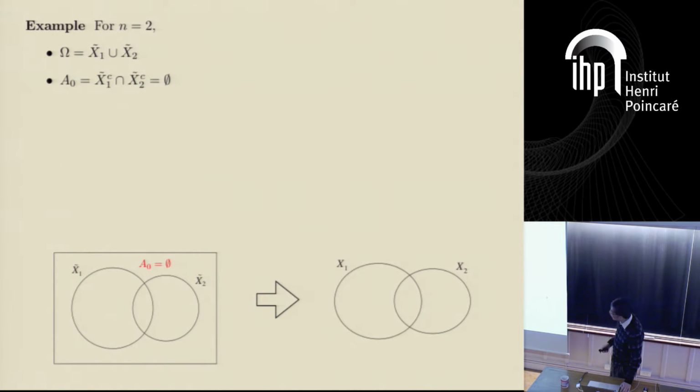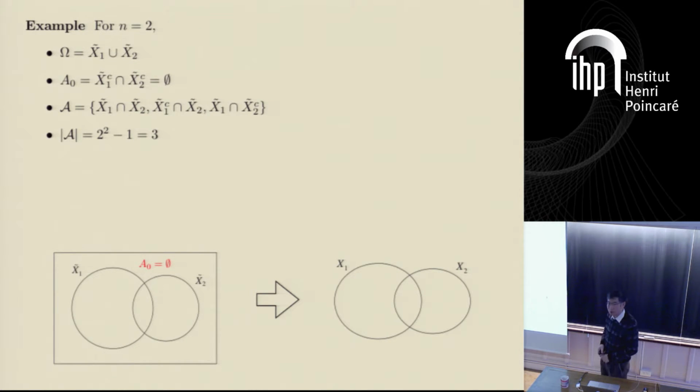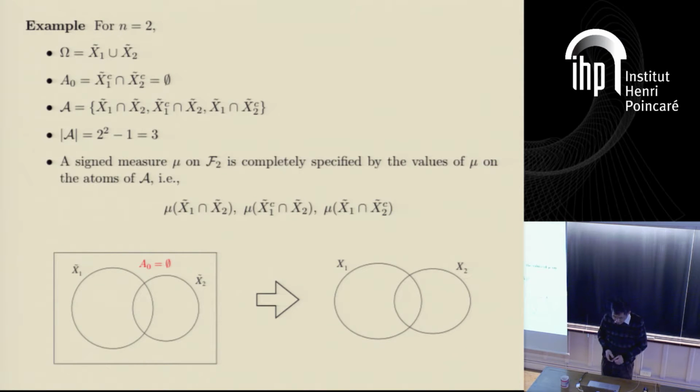Therefore, in this diagram, we can remove the rectangle that contains these circles. So in this case, we only need to specify the value of mu on 3 atoms instead of 4 atoms. As I mentioned before, the cardinality of A is equal to 2 to the power 2 minus 1, which is 3. Okay, so that's all I need to talk about this.